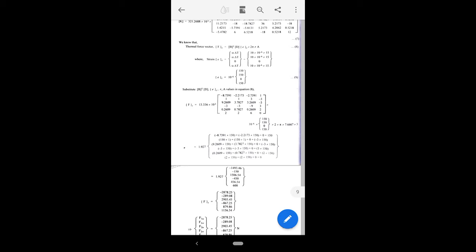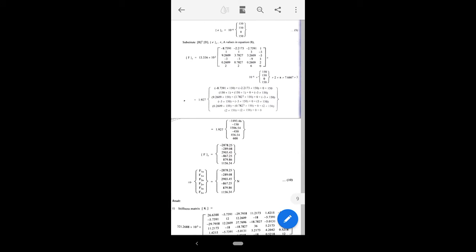You can substitute the alpha value as well as delta T, the change in temperature, 15. Simplify the formula. We already found the value of B transpose D, and then you can multiply with E. That is nothing but the strain. We got the strain value.